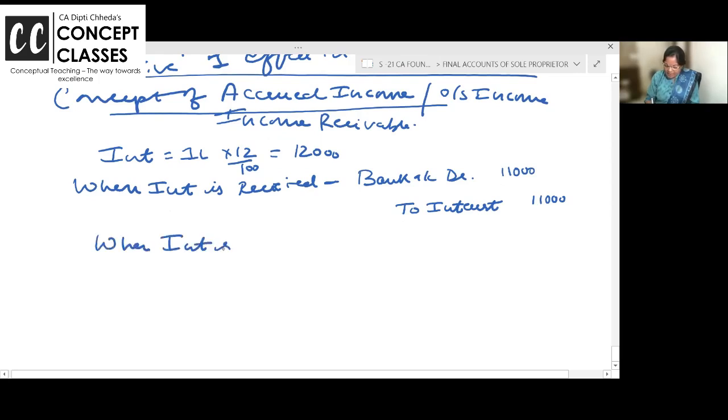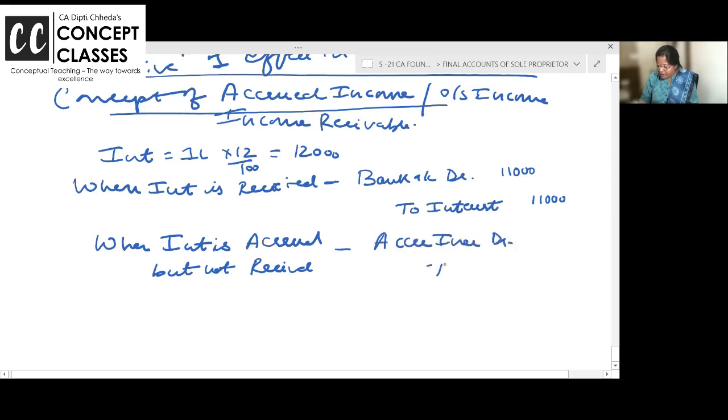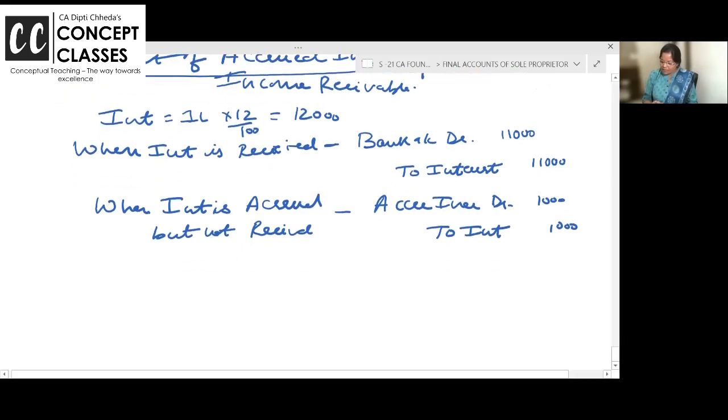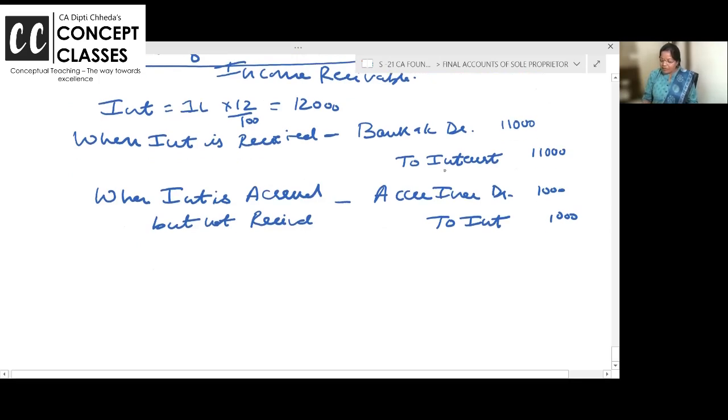When interest is accrued but not received, accrued it already is. So what will you do? There is no money, but accrued income account debit to interest account, 1,000. March month interest is due but not received. So accrued income account debit to interest account. If received, bank to interest; if not received, 12,000 should still go in your income.